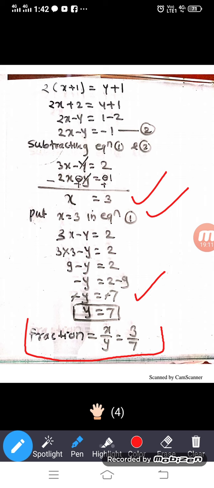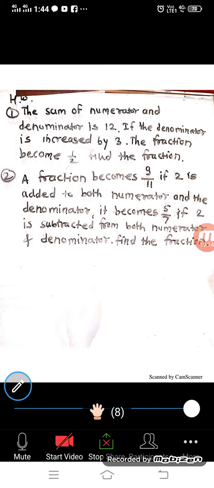Write down. First problem for homework. The sum of numerator and denominator is 12.